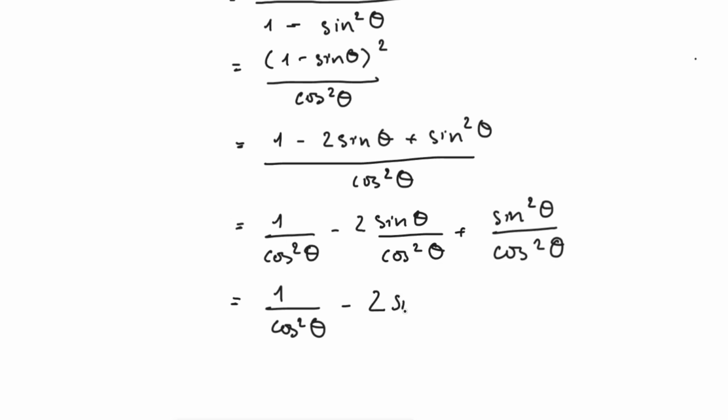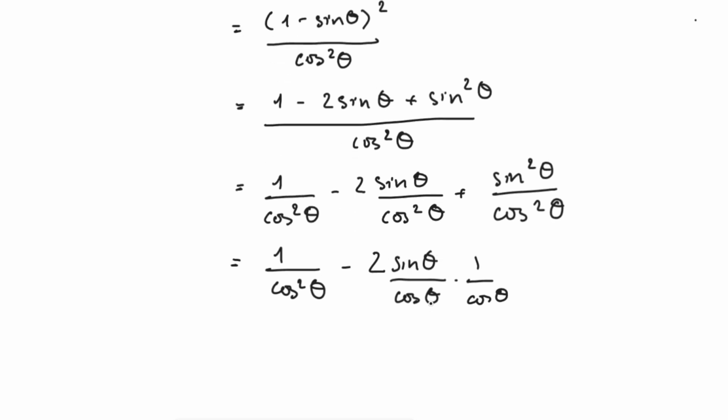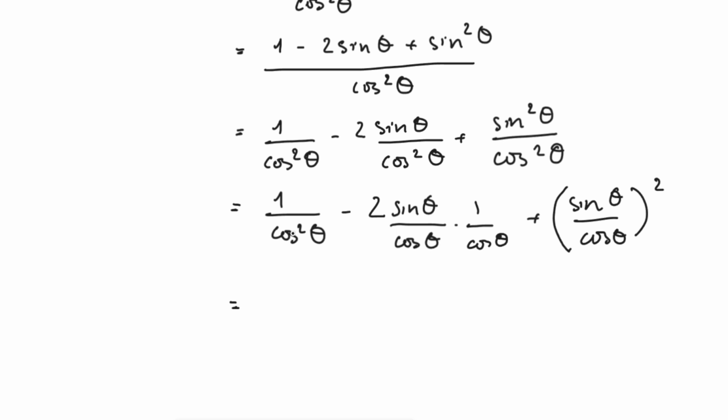Okay, so here we have cosine square. I will break cosine square down to cosine theta multiplied by cosine theta. So if we have square and square here, I will group it, cosine theta, and all square. So you could see that this is a square, this is minus 2ab plus b square.